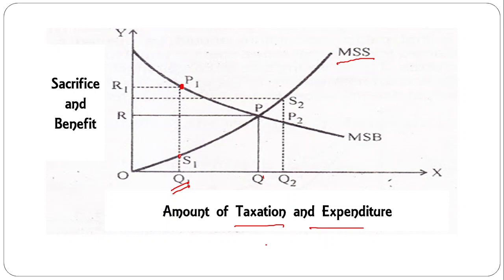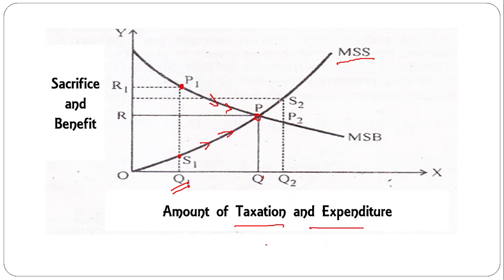So sacrifice is very less and benefit is large, so there is a scope to increase that amount of tax and spend. Okay, so as you keep on increasing the tax, you will move like this, and you ultimately will reach this P point, and the social advantage will be maximized.